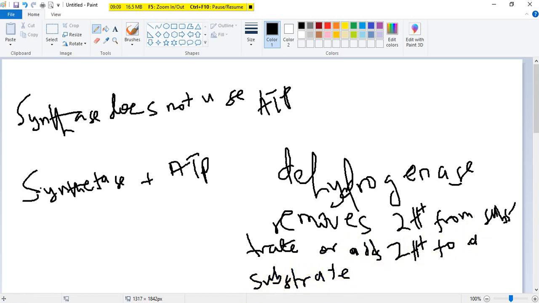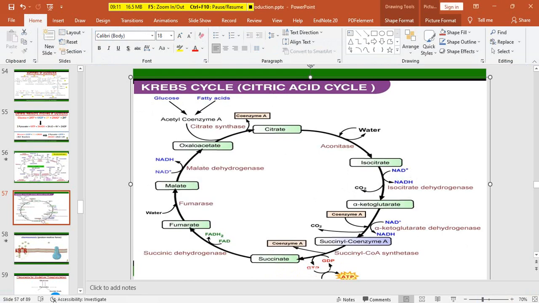So this is what we have. So in the end, we produce back oxaloacetate.